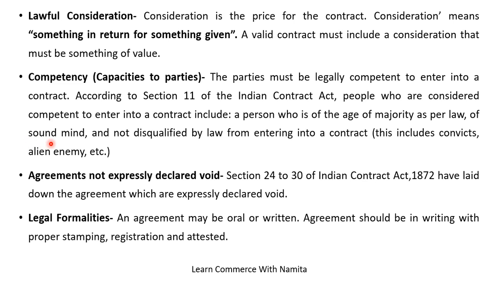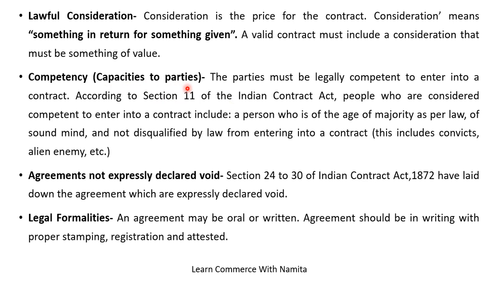Then a person who is of sound mind and a person who is not disqualified by law is capable of entering into a contract. So capacity of parties means the people who are eligible to make a contract with another person.